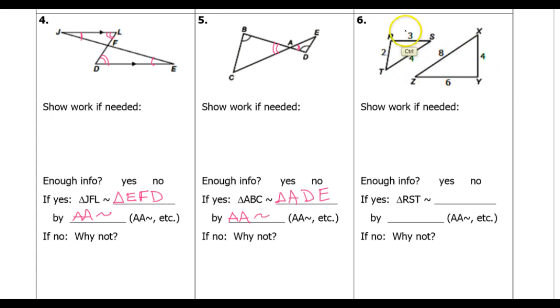Now, there's something else that you want to keep track of because the triangles can be rotated in all kinds of different ways. So the biggest sides for both triangles would be corresponding. For example, in the first triangle, 4 is the biggest, and in the other triangle, 8 is the biggest. So if these are similar, those would be corresponding.